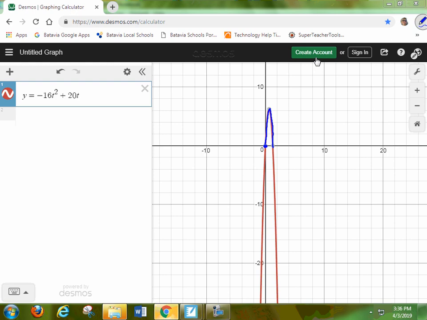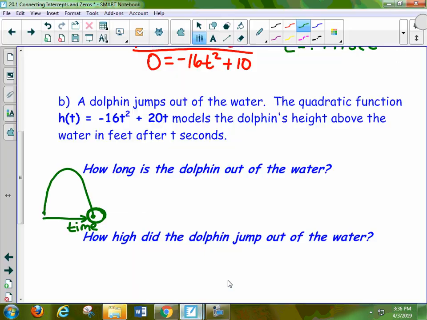So if I look at that point there that we just ended at, this is how much time the dolphin's out of the water. The dolphin is out of the water for 1.25 seconds. So how long is the dolphin out of the water? 1.25 seconds. And then the second part of this question, how high did the dolphin jump out of the water?